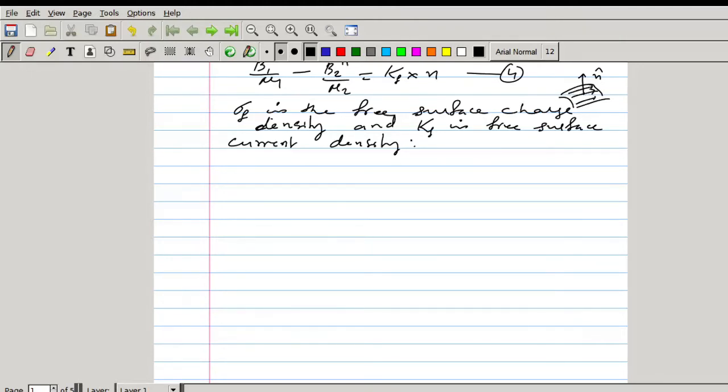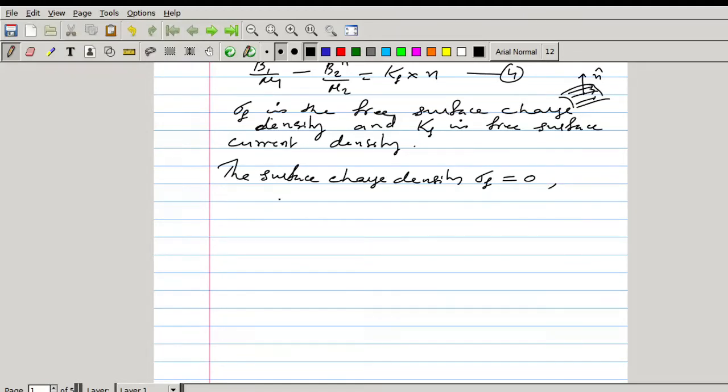Let us assume that the surface charge density sigma f equal to 0.